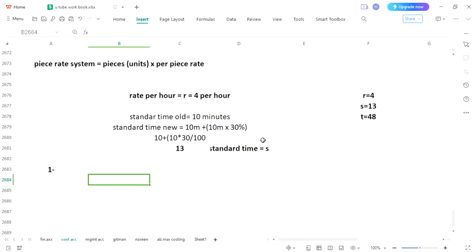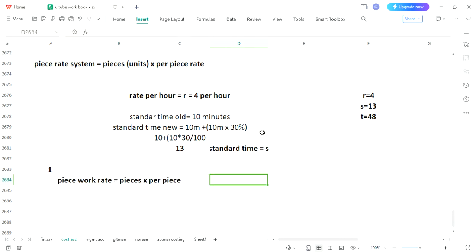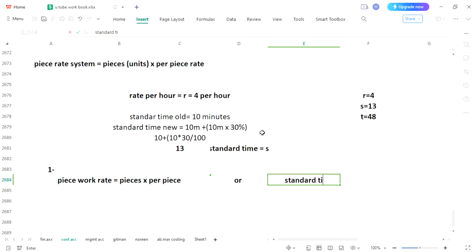Okay, there is an indirect method of piece work rate system. The original formula is this, but alternatively you can also use standard time and it would be multiplied with the per hour rate.